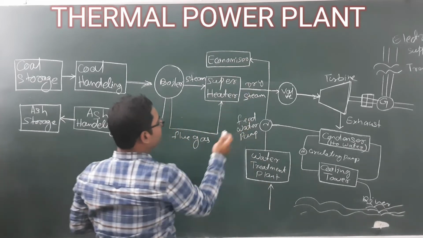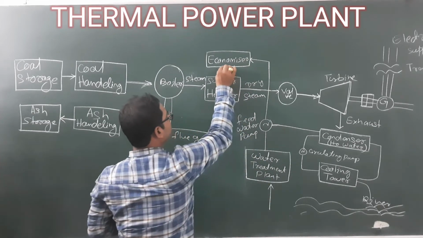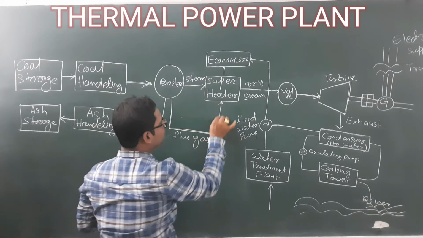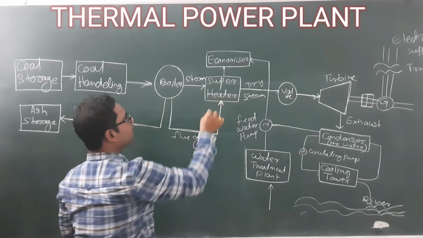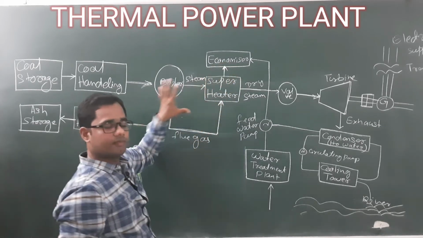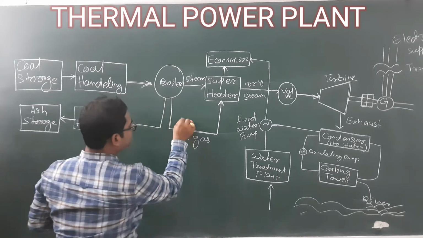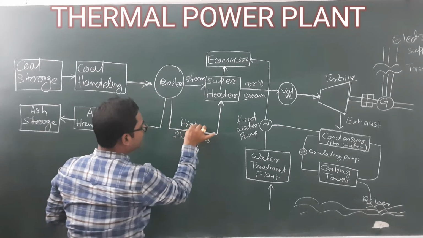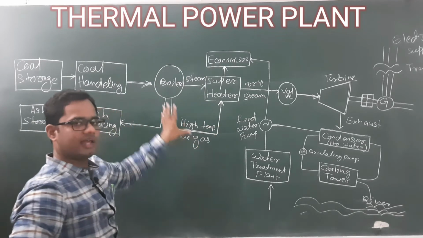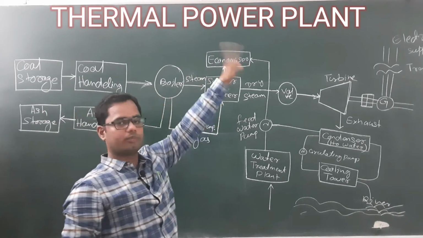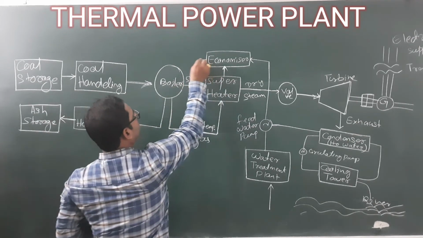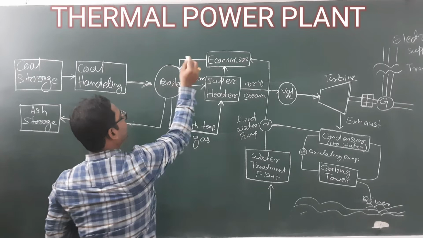But after the treatment by your flue gas, because this is the flue gas circuit, the flue gas will go from the boiler to the superheater. Again it will come to your economizer, meaning after the superheater some temperature of your flue gas is still there. The flue gas has high temperature, so that hot gas cannot be put out directly from your plant. So this will be your feeding of hot water.